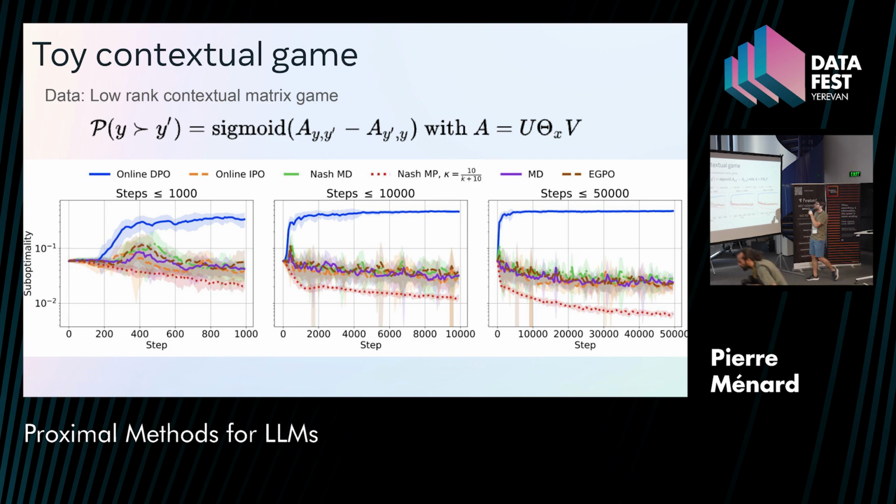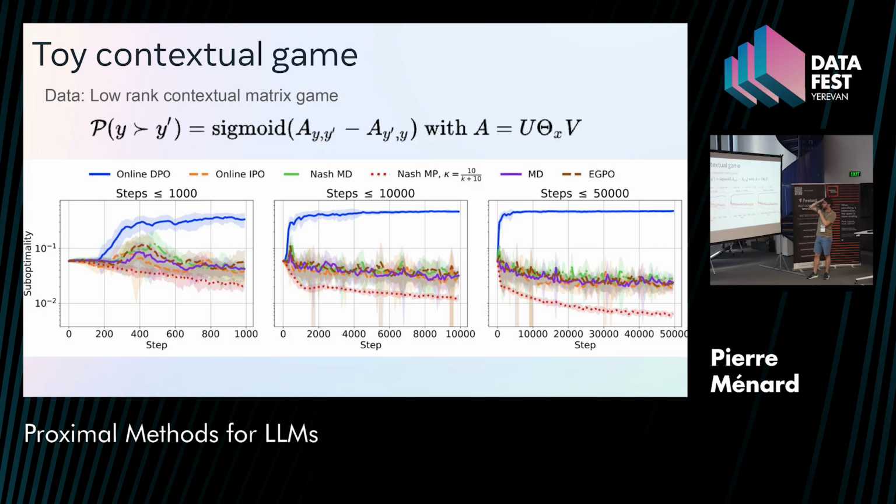In this case, the preference probability will be a sigmoid of some matrix, and this matrix is sampled at random from a given distribution where they have this form, and where we control the rank, because it has different properties according to the rank, but I will not go into details.